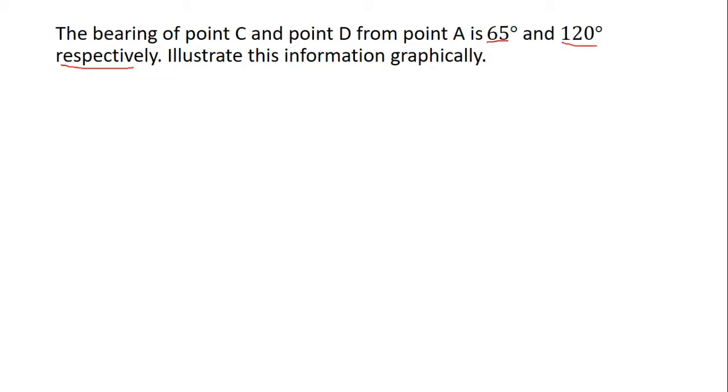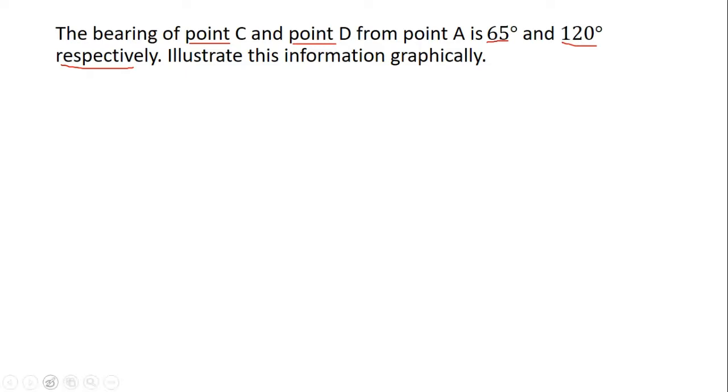What this means is that the 65 degrees belongs to point C and 120 degrees belongs to point D. So the bearing of point C and point D from point A is 65 degrees and 120 degrees respectively, meaning that the bearing of point C from point A is 65 degrees and the bearing of point D from point A is 120 degrees. That is the meaning of the word respectively that has been placed after 65 degrees and 120 degrees.